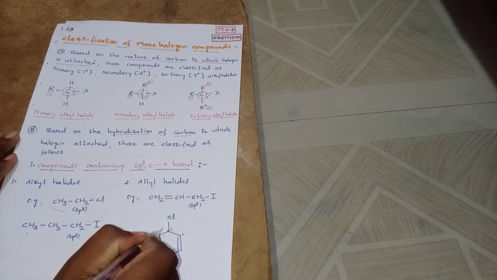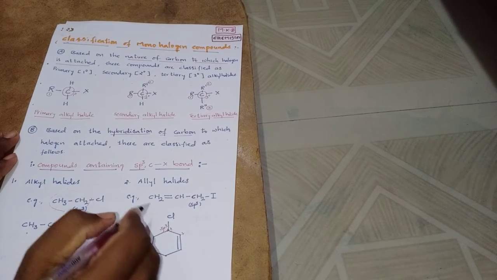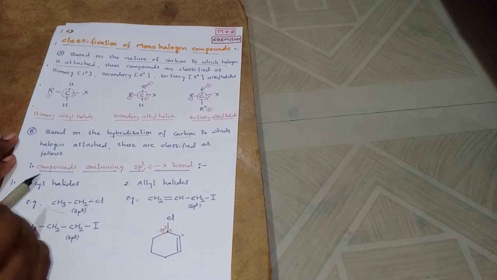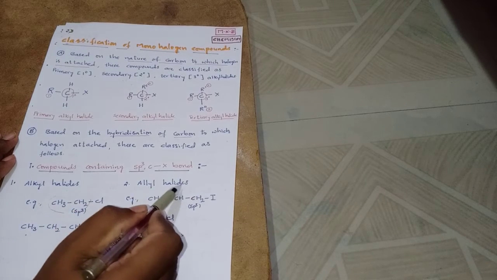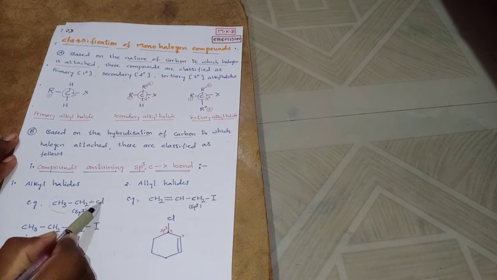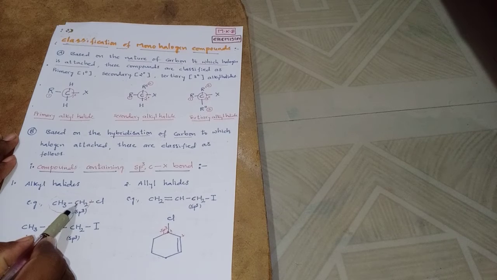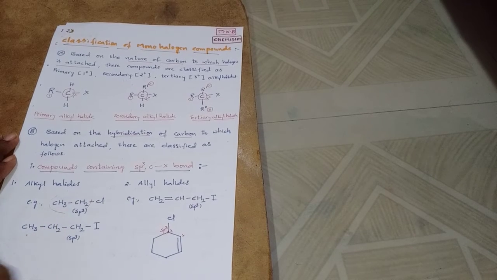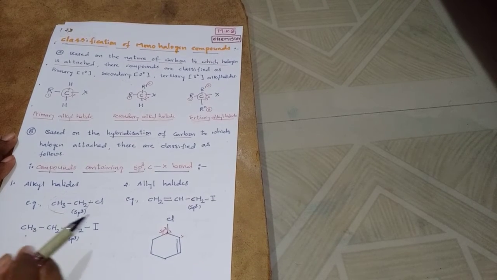So this is also an example of allyl halide. In both alkyl halides and allyl halides, the halogen is attached to a carbon which is sp3 hybridized.